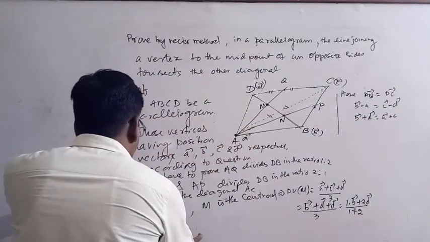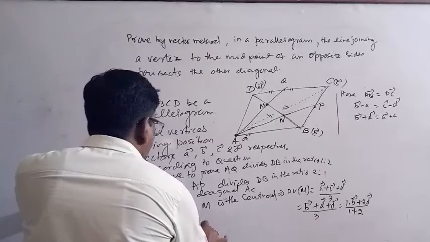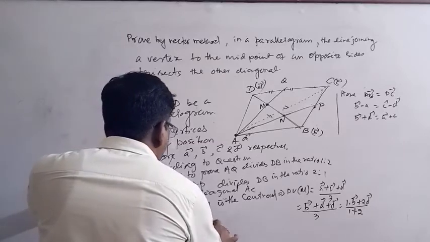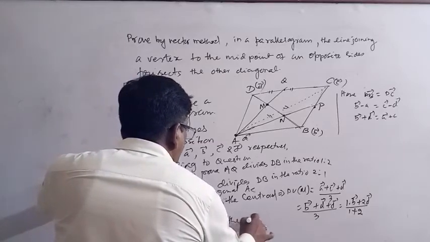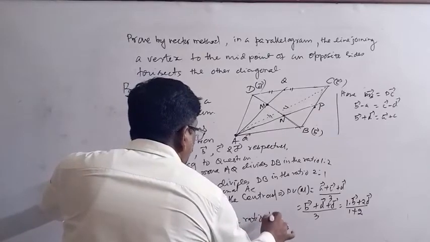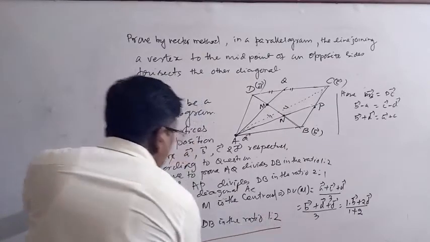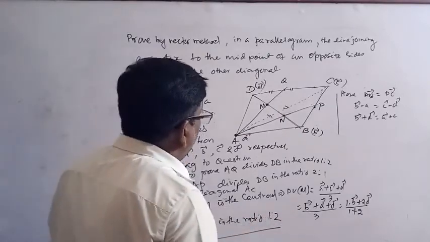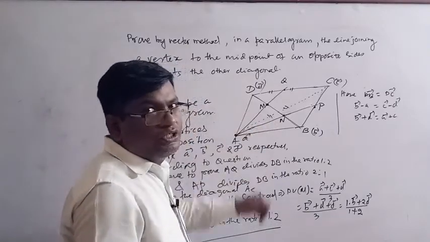Therefore M divides DB in the ratio 1:2. Now we have to prove N divides 2:1.